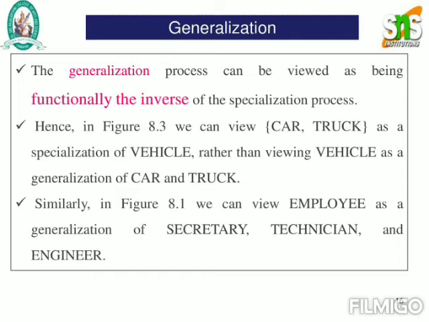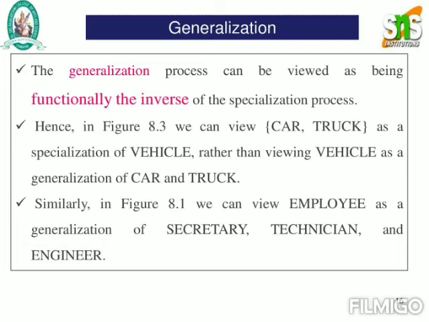So rather than viewing vehicle as the specialization, you can view it as the generalization of car and truck. Similarly, you can use the table called employee, where there are specializations called technician, secretary and engineer, and we can apply the generalization concept here. The diagrammatic notation to distinguish between generalization and specialization is used in some design methodologies.